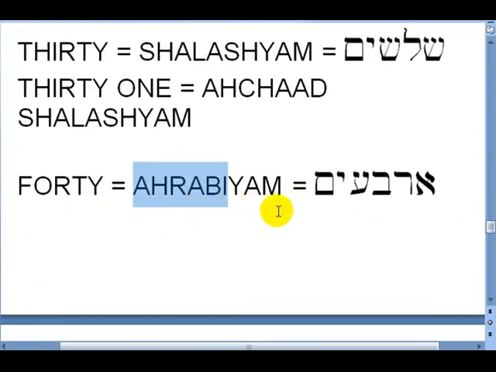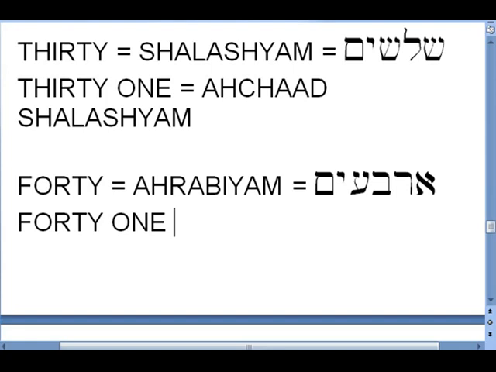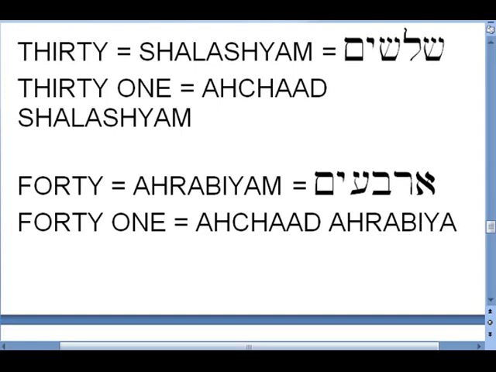Arabai yum, which makes it plural, makes it 40. If you want to make it 41, what you do is Akkad, which is number 1, Arabai yum, which makes it 40. So Akkad Arabayim is 41. Shanya Arabayim is 42. Shalash Arabayim is 43. Arabai Arabayim is 44. So on and so forth.